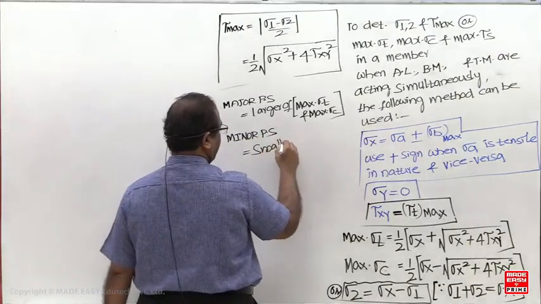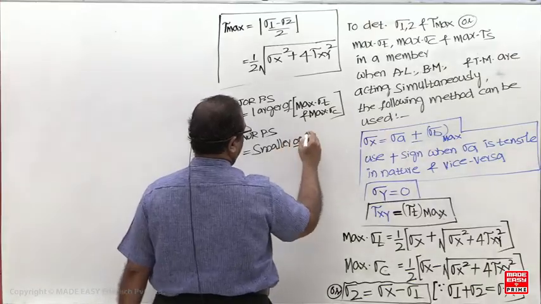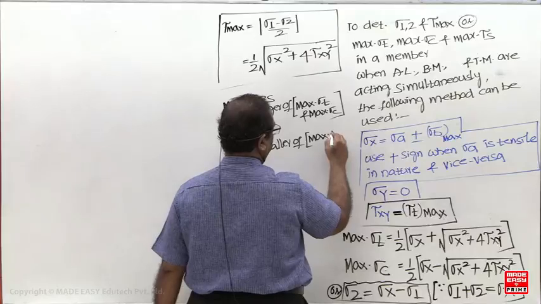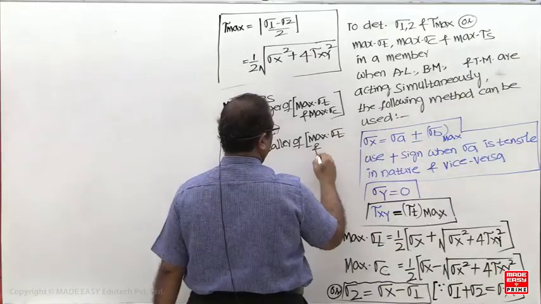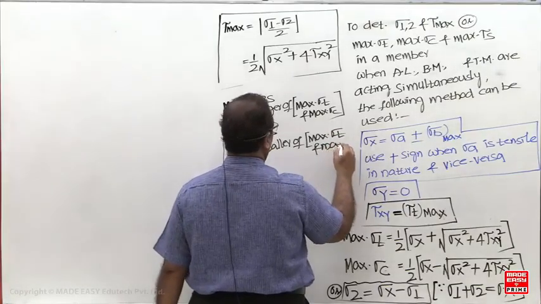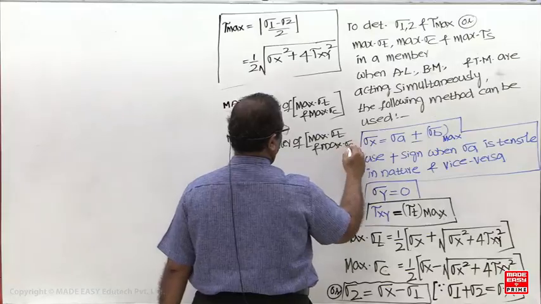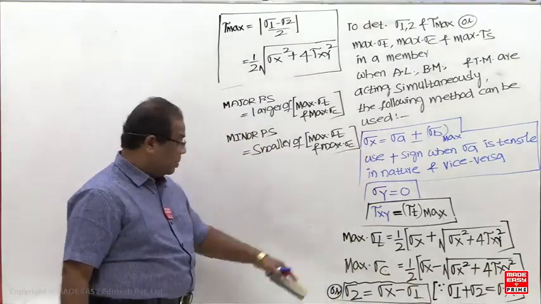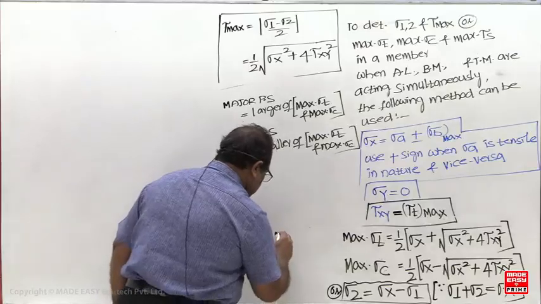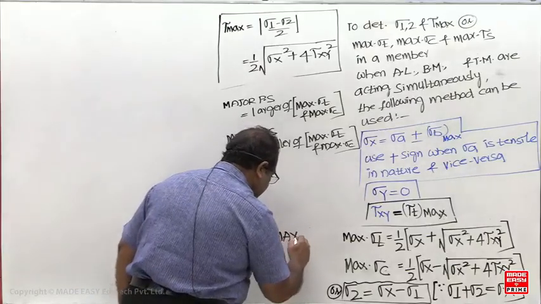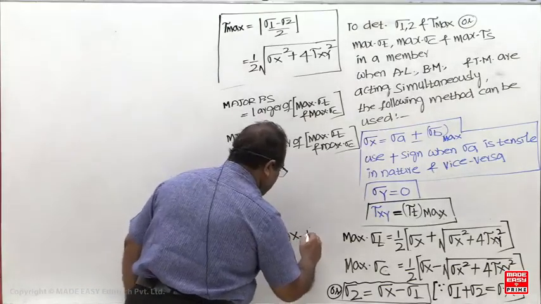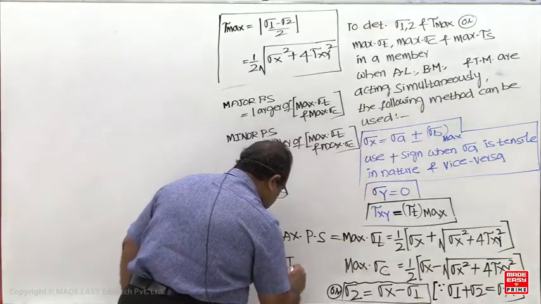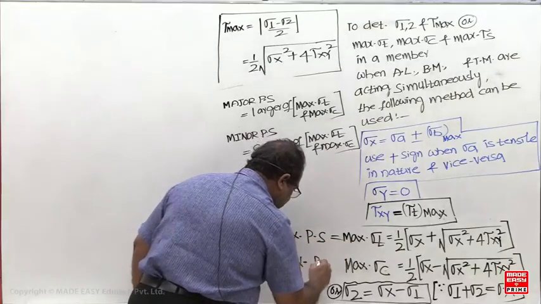The smaller of these two is the minor. But this can be called the maximum principal stress, and this will be the minimum principal stress.